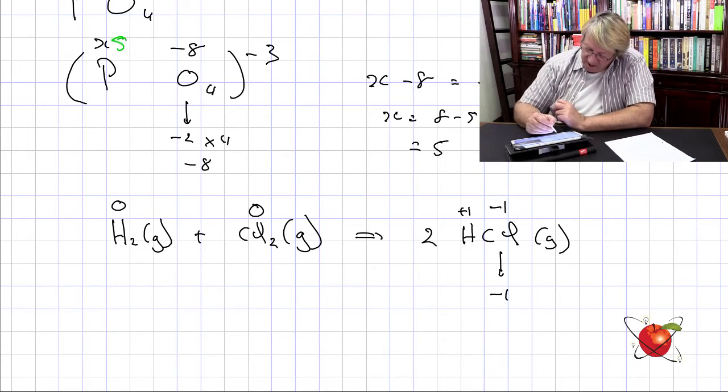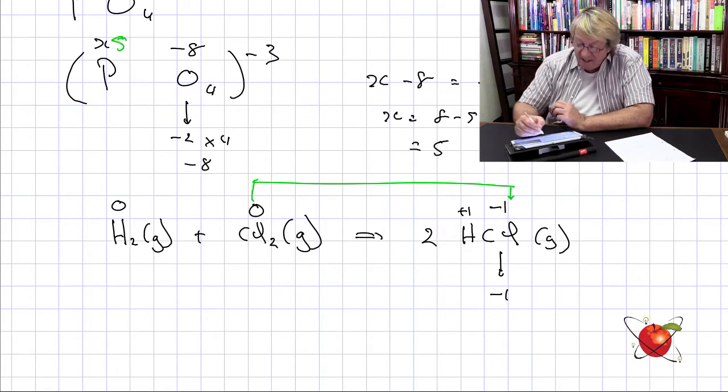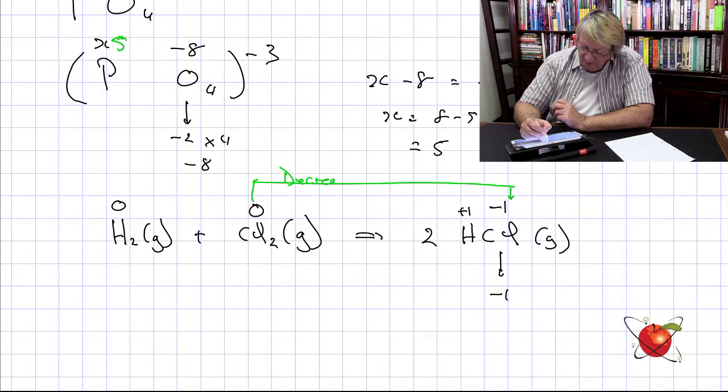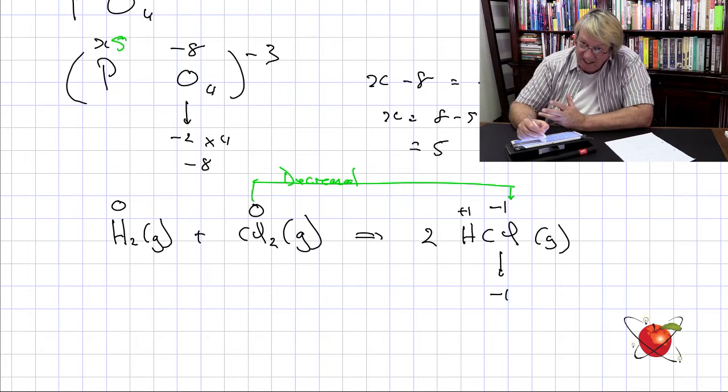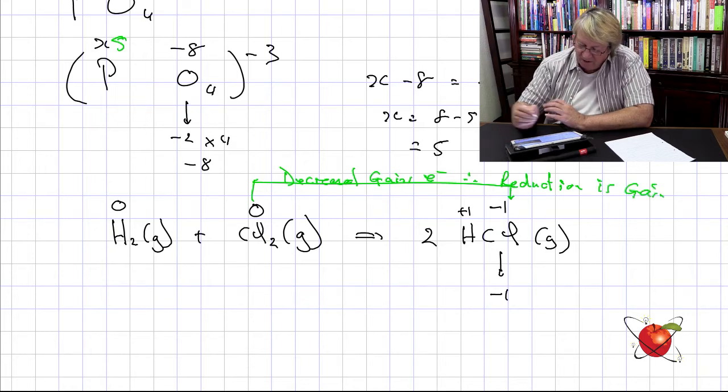So can you see that my chlorine has decreased, hasn't it? How does it become negative? It gets an electron, doesn't it? And reduction is gain, oil rig, right?